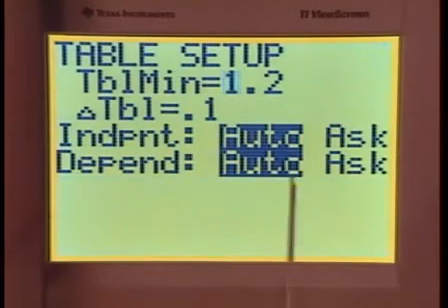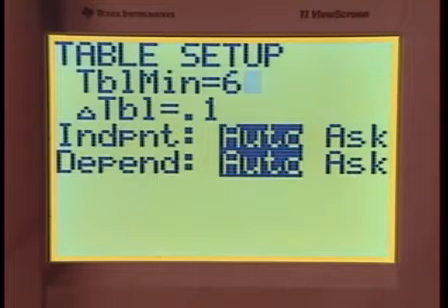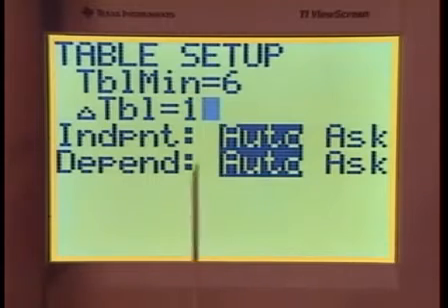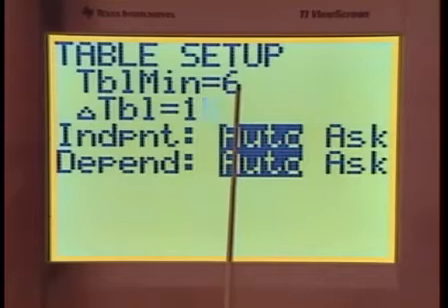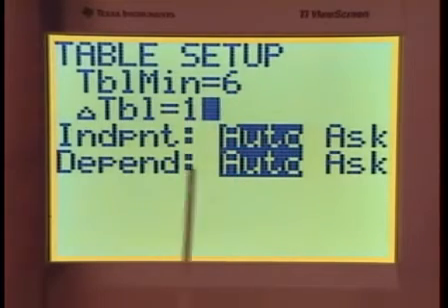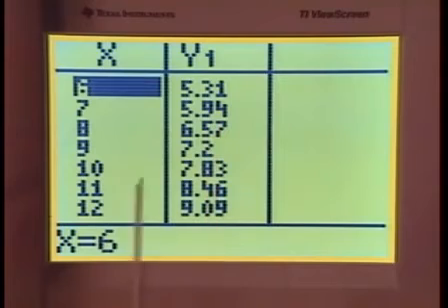Now let's answer question number 2 and 3 using the table. So let's look at table set. We asked for 7 drops, so let's start with 6 as the beginning value and increase by 1, because 1 is 1 drop difference between one and the next. Okay, so we start at 6 drops and we're going to read it 7, 8, 9, increments of 1. So we now look at the table, and at 6 drops we have 5.31, at 7 drops we have 5.94.